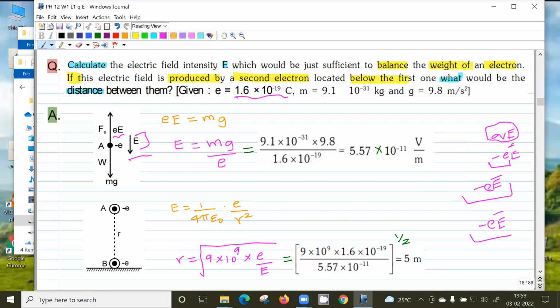What is the direction of minus E? Opposite to E, right? No, sir, minus e means negative charge only, no, sir.